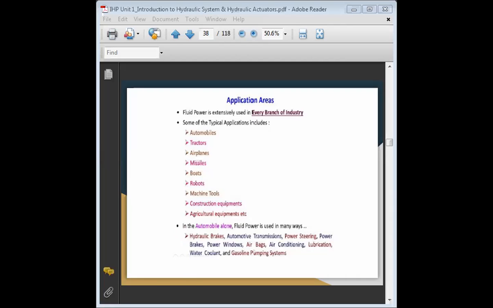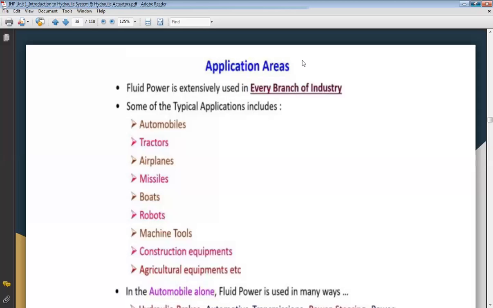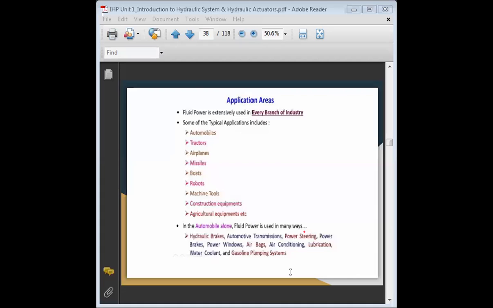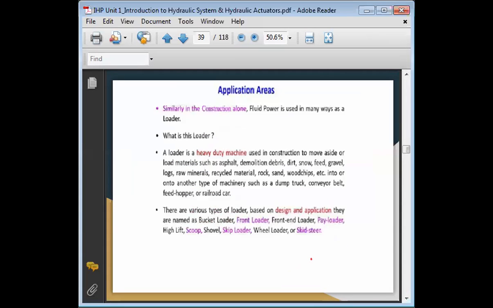Similarly, we have another sector, that is construction. Like the automobile industry, in the construction sector also fluid power is used in many ways, for example as a loader.